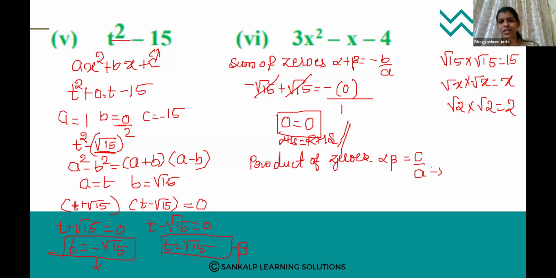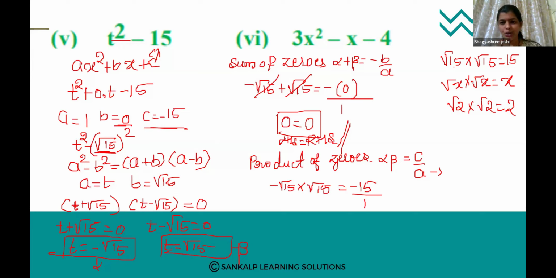Right? Now, alpha value is minus root 15. Beta value is plus root 15, is equal to what is the value of c? c value is minus 15, right? Minus 15 divided by a value is 1.